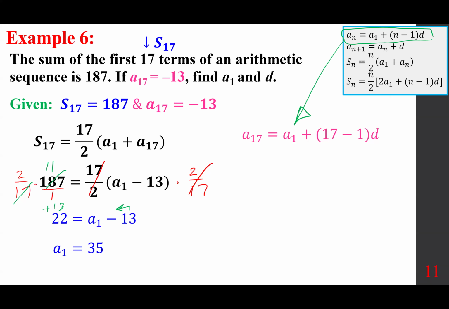A sub 17 equals A sub 1 plus 17 minus 1 times D. A sub 17 is negative 13. A sub 1 is 35. 17 minus 1 is 16.